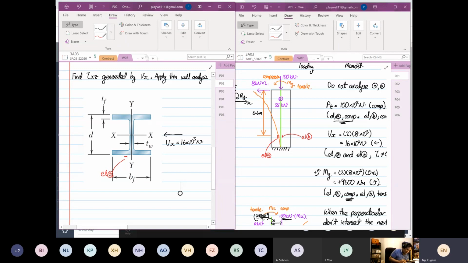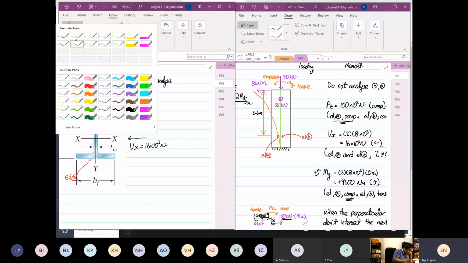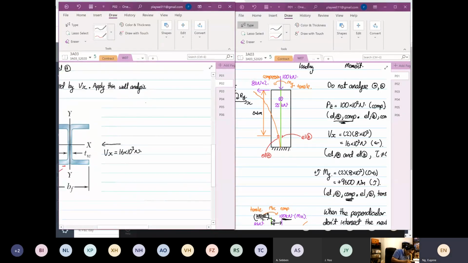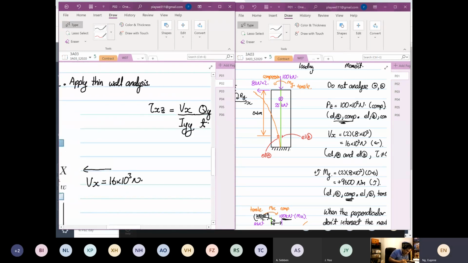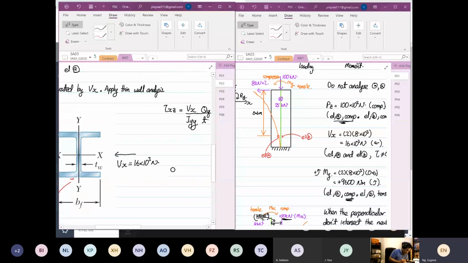The formula that we're going to use is shear XZ equal to Vx over Iyy, times the first moment of area about the y-axis, divided by the thickness.